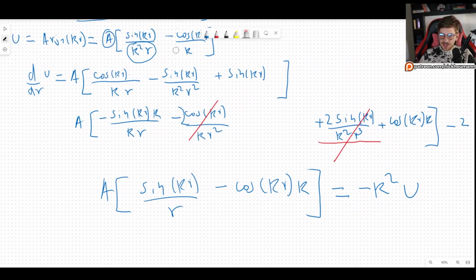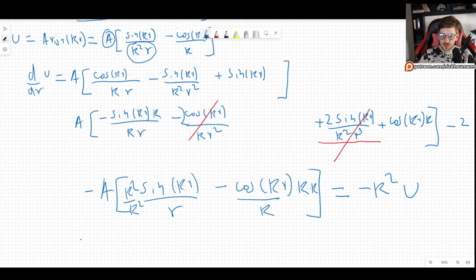So if we factor out a minus sign, we get sine minus cosine. Then we are lacking k squared down here, so we could multiply and divide by k squared. And also here we have 1 over k, but here we have k.